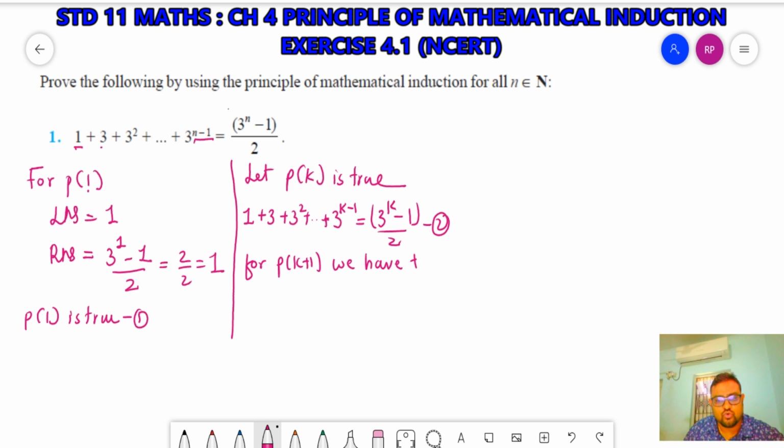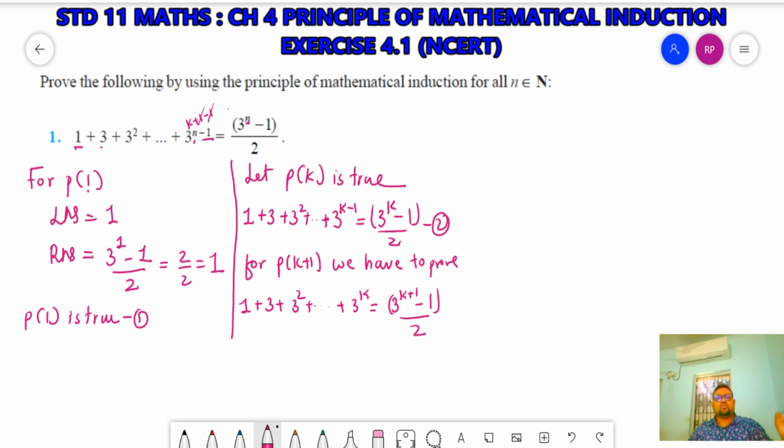That means we have to prove 1 plus 3 plus 3 square up to 3 raised to, instead of n, I have to put k plus 1, so it will be k plus 1 minus 1, so this will get cancelled, so 3 raised to k, equal to 3 raised to, instead of n I will put k plus 1, minus 1 upon 2.